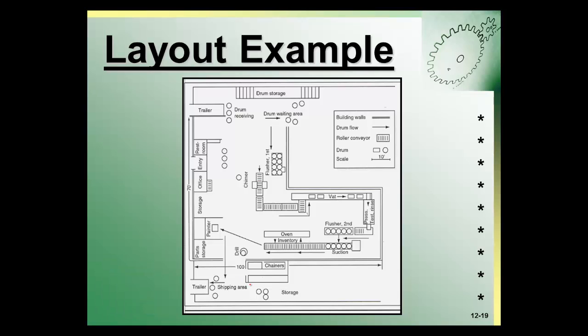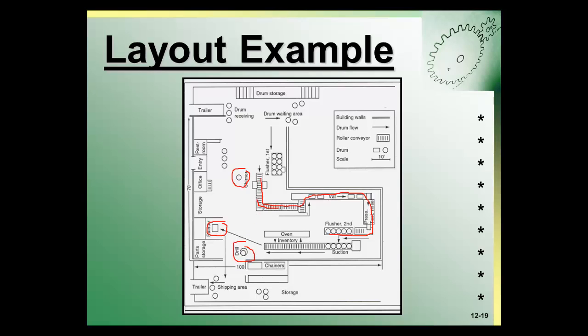You will see that the entire manufacturing line right here has been included in the layout. Any equipment that will be used in the plant has been included in the plan. There's a drill right there. Conveyor systems have been planned.